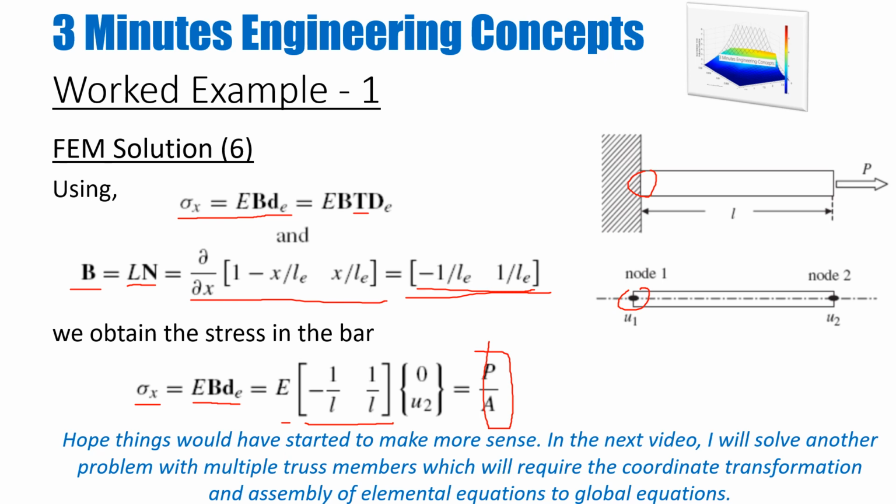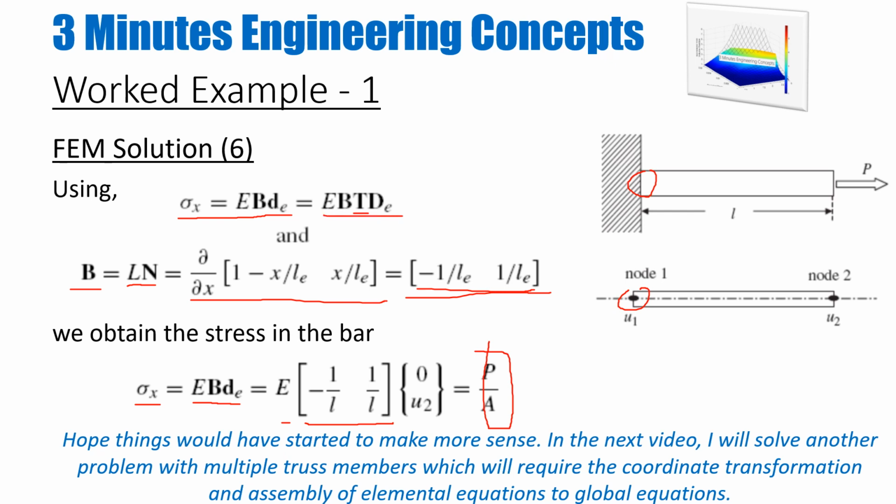So I hope things have started to make some sense now. I gave you the relationships directly, so you can use those for any structure. This is only a 1D structure right now, but you can apply it to a complicated 2D or 3D structure as well, using similar relationships, because these are all in matrix form.